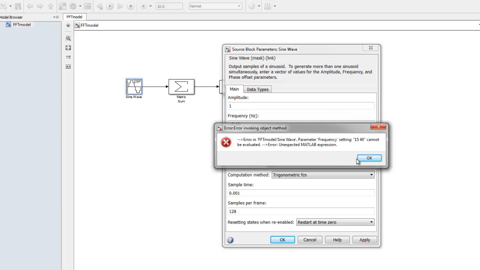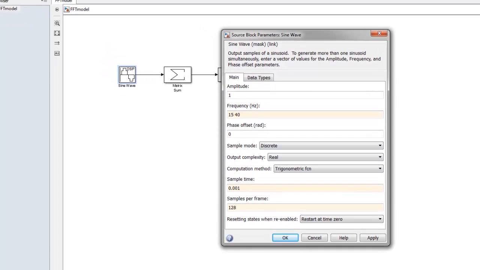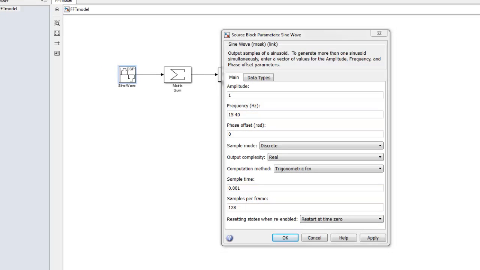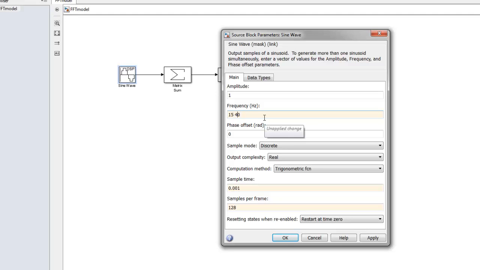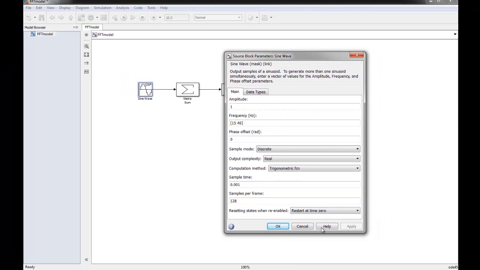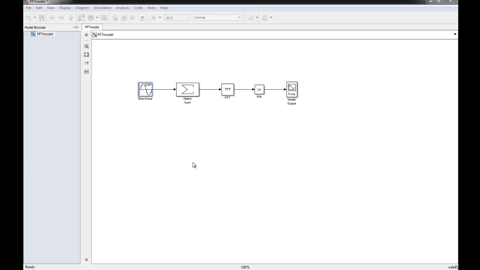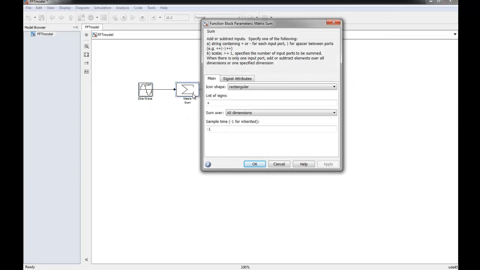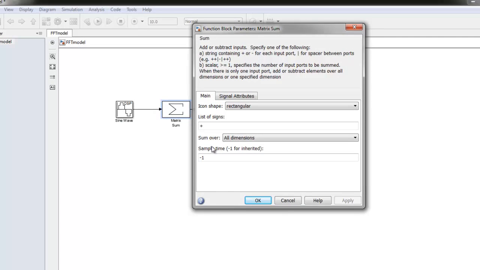Output complexity. Cannot be evaluated. Okay, let me see why. Oh, okay, I have to put them in brackets, sorry, square brackets. There. Apply. Okay, now click on matrix sum, double click on that, sum along the middle, set sum along rows.